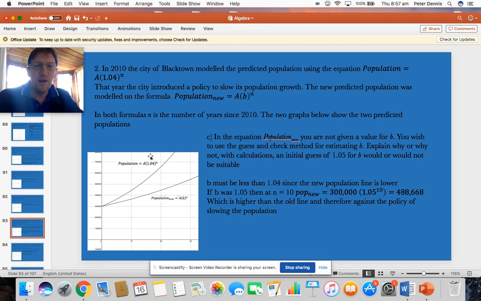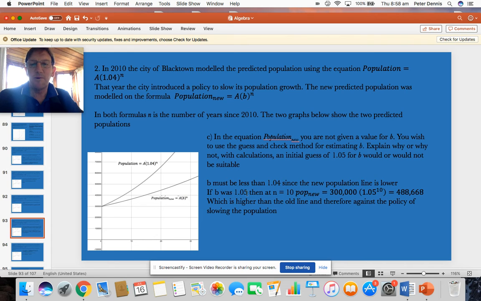So Blacktown City Council is hoping that this number in here is going to be less than 1.04. So B must be less than 1.04 since the new population line is lower.